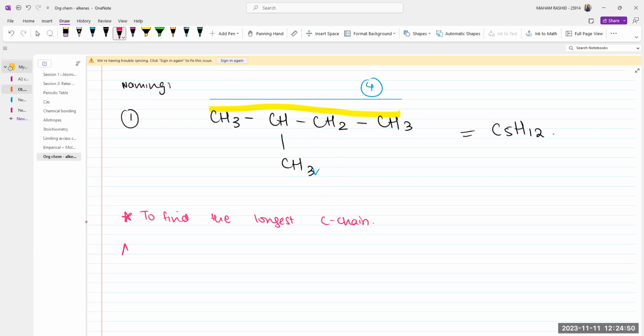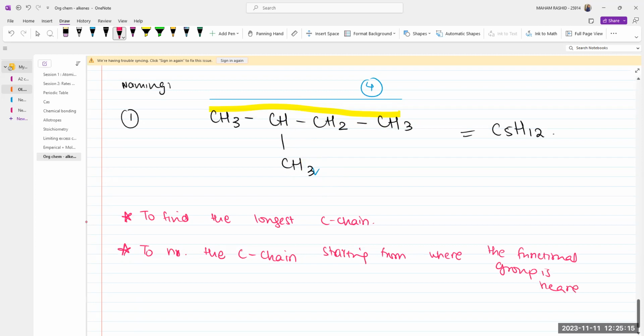The second step is to number the carbon chain starting from where the functional group is nearer or the substituent is nearer. What do I mean by a substituent? Any added thing that is attached. So in this case, what's your substituent in this chain? If this is my major carbon chain, what's attached to it?